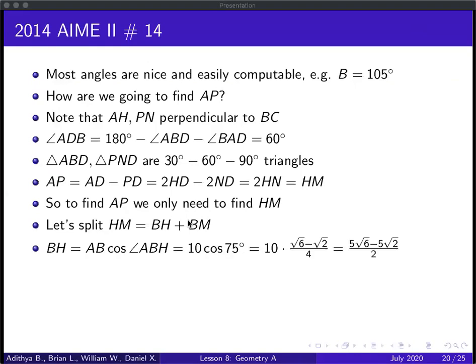Now we know that AB is 10, and ABH is 75 because ABC is 105. So we know the angle and we know the side length, so we can find the length, assuming that we know cosine 75. Sine and cosine of 15 and 75 degrees come up fairly often, so it's worth remembering them.